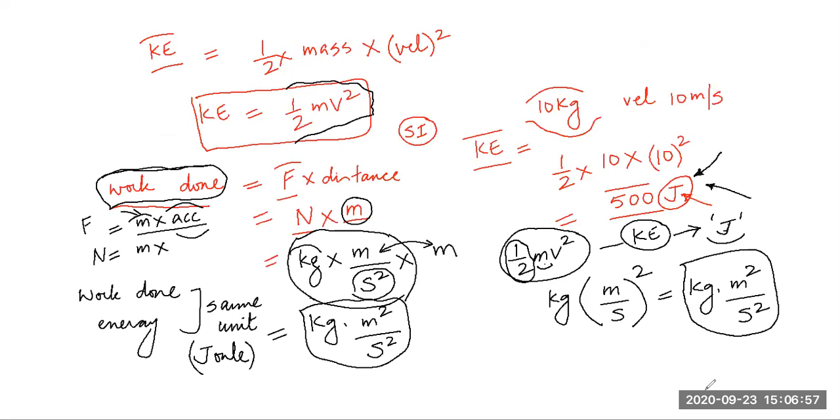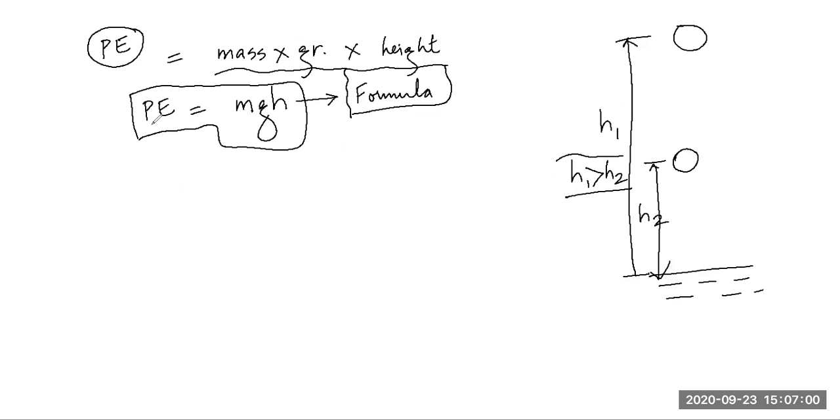Shall I explain? See, students, how does an object get potential energy? It's very strange, students. Imagine there is a sphere of mass m, and the unit is kg, right?